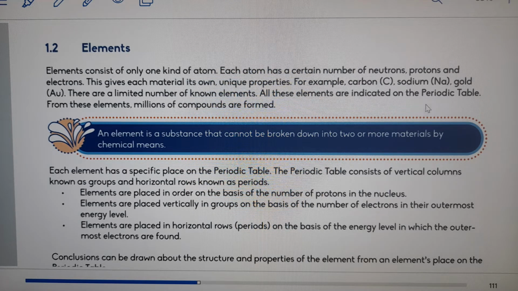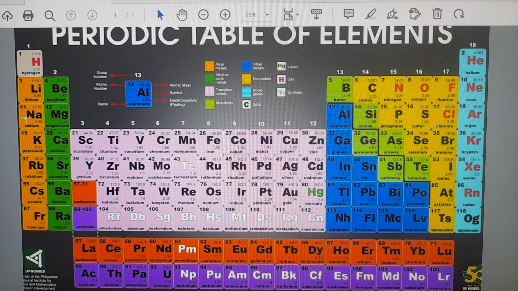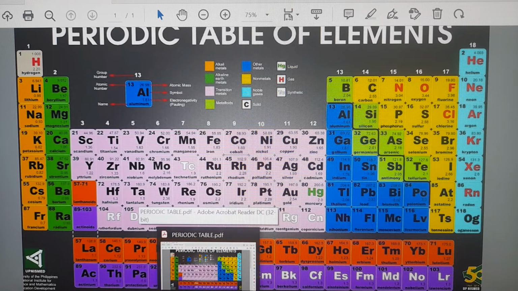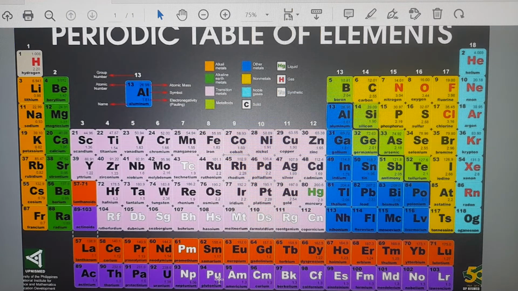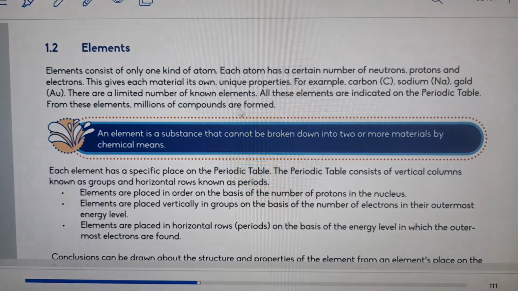Sodium is also an element in the periodic table. Let's go to the periodic table. This is sodium, it's element number 11. So sodium is an element in the periodic table. Sorry about that. Let's go back to our textbook.